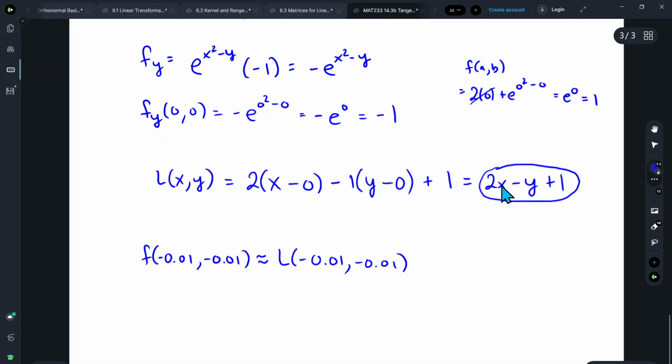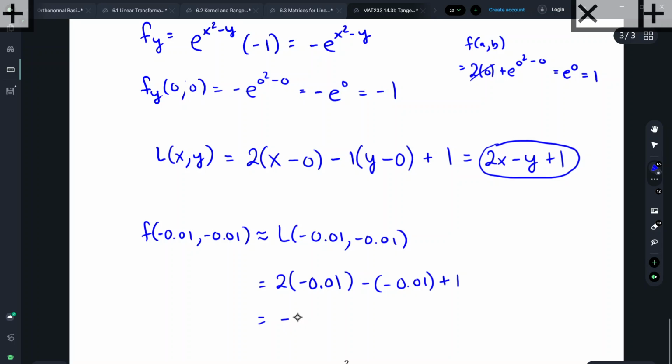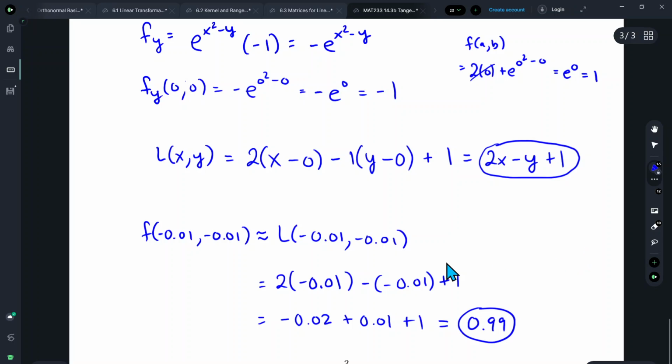So just plug this into here, and then what do we get? 2 times negative 0.01 minus y, which is negative 0.01, plus 1. And so just calculating this, what is this? Negative 0.02, and the negative, it becomes a plus. So 0.01 plus 1. And okay, so just calculating this, I get 0.99. Okay, so that's what we get as the approximation.